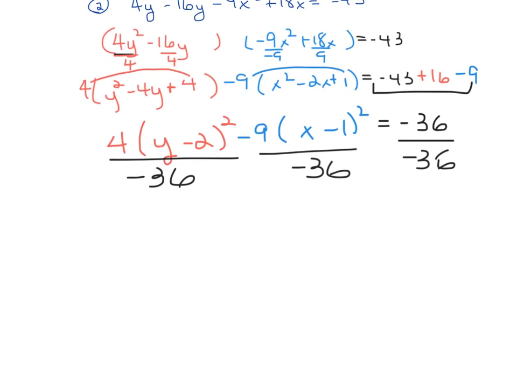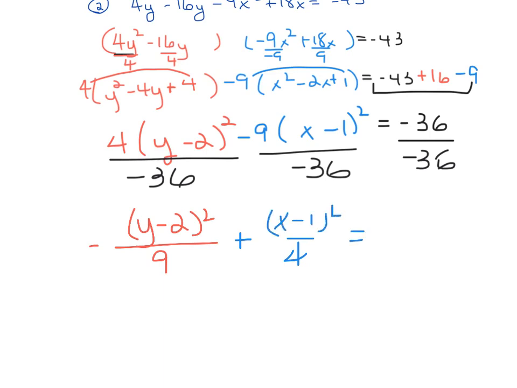So now this will simplify to y minus 2 squared. This is actually going to give me a negative 9. I'm going to pull the negative sign out in front. Then negative 9 divided by negative 36 gives me a positive 4.